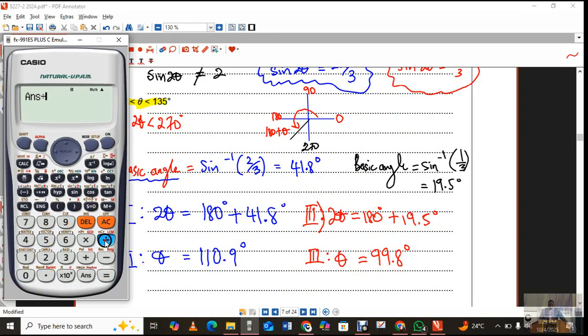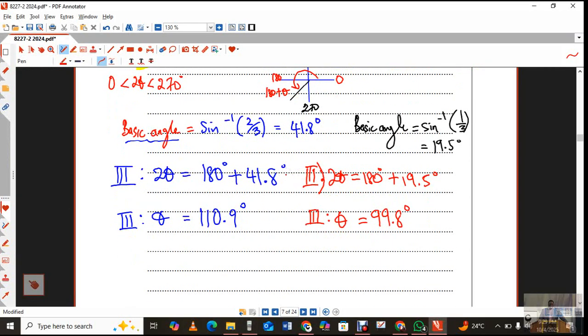I get this, dividing that answer by 2, 99.8, give or take. Okay. So my two solutions, therefore, would be that theta is equal to 99.8 and 110.9 degrees.